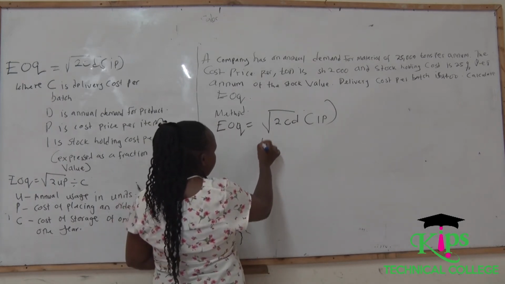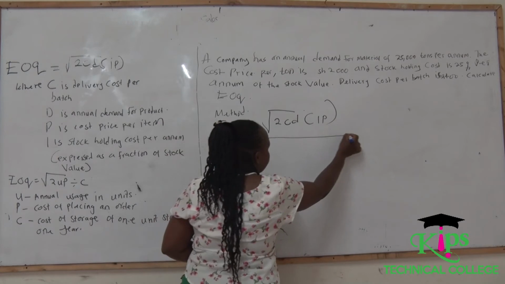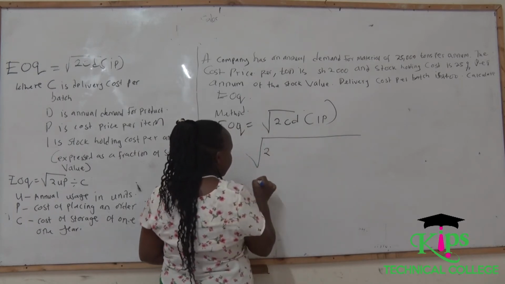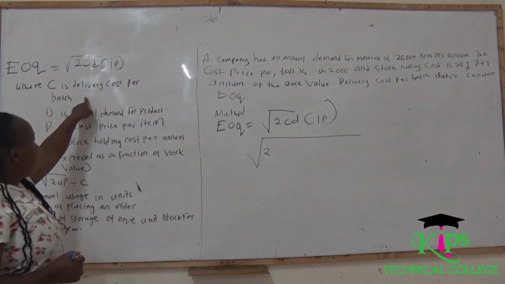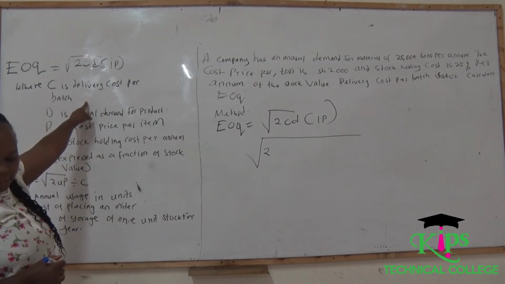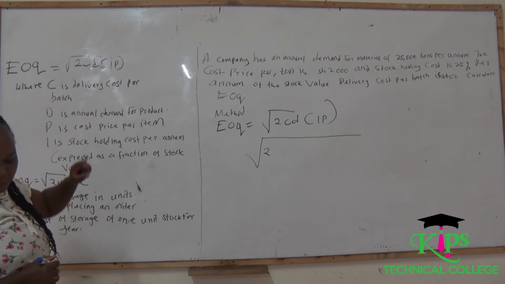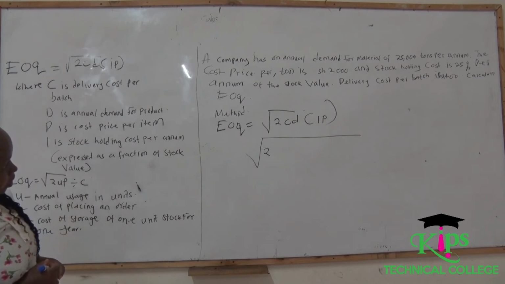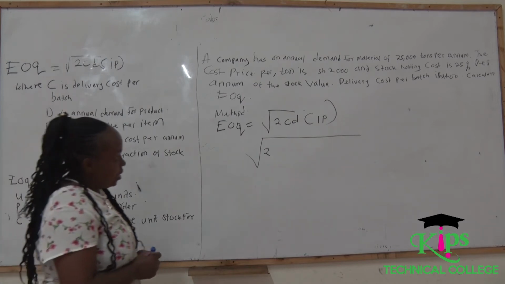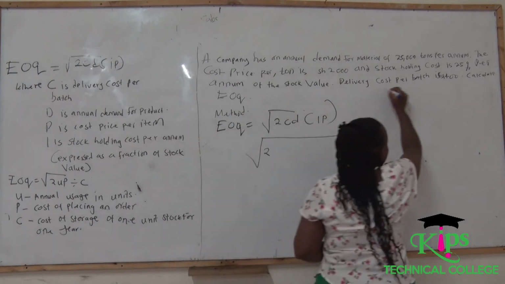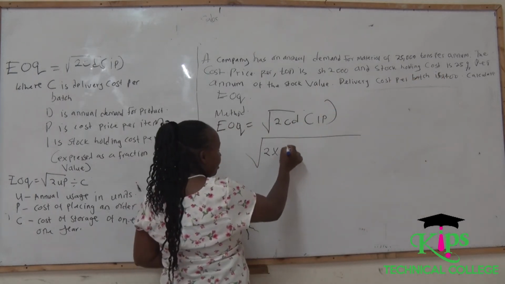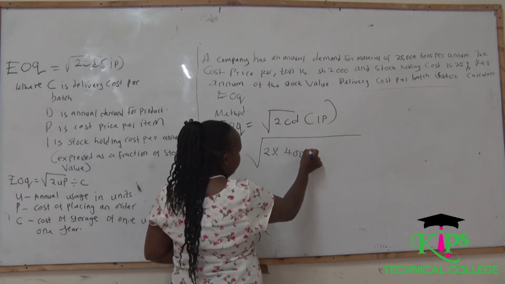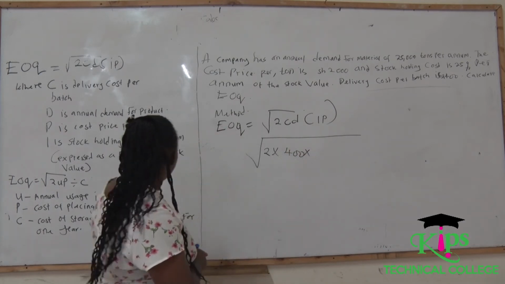We know the square root of 2, already. C stands for the delivery cost per batch. Are we given the delivery cost per batch? Yes, we are given it, which is 400. So here we multiply by 400, multiplied by D. Do we know what D is?